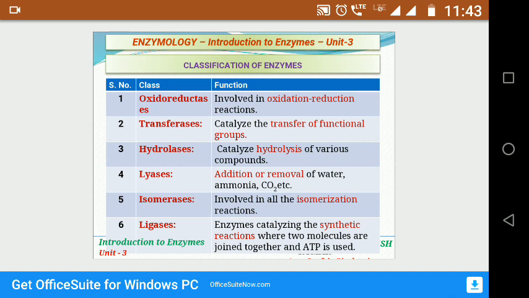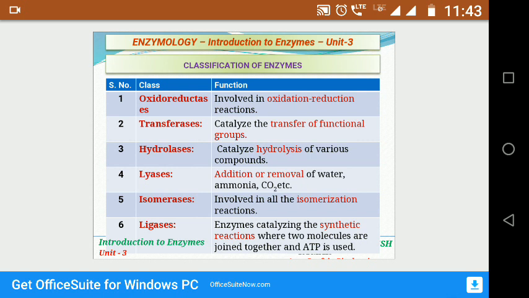Earlier we have taken the example of lactate dehydrogenase. What happens in that reaction? The pyruvate receives 2 electrons and it becomes lactate. That is a reduction reaction, and that reaction is reversible. So that lactate may also be converted back to pyruvate by releasing those 2 electrons.